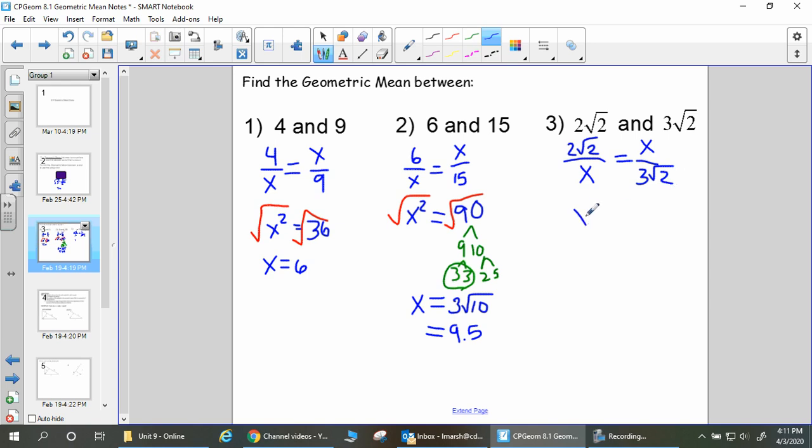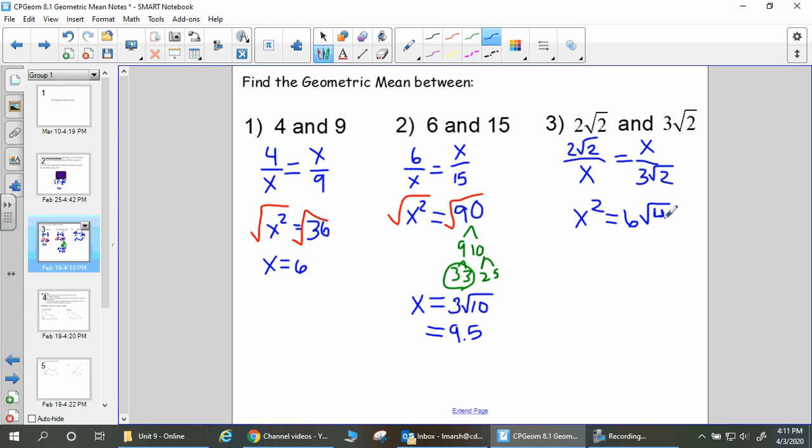When I cross multiply, X times X is always going to give me X squared. This is where we need to multiply these correctly. Multiply the fronts. 2 times 3 makes 6. Inside, 2 times 2 makes 4.